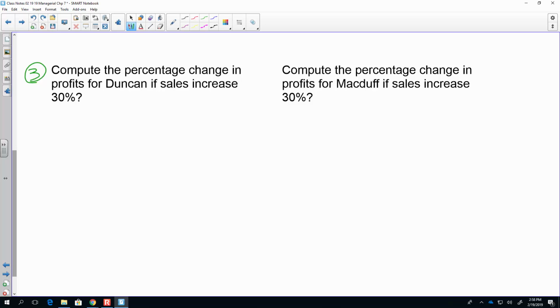For question 3, Duncan's DOL is what? 3. I'm going to multiply that by the percentage change in sales. Remember a triangle is change, right, in geometry?